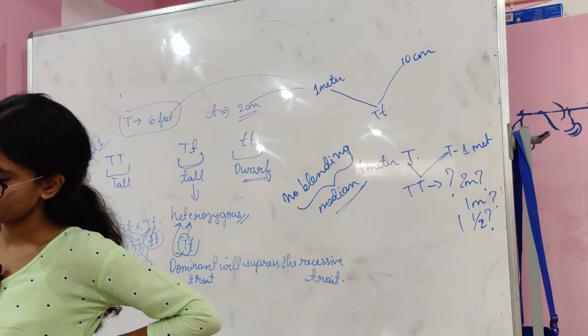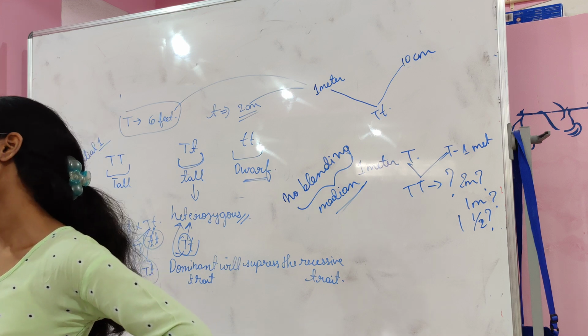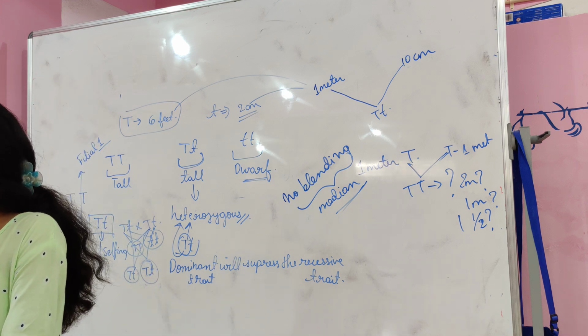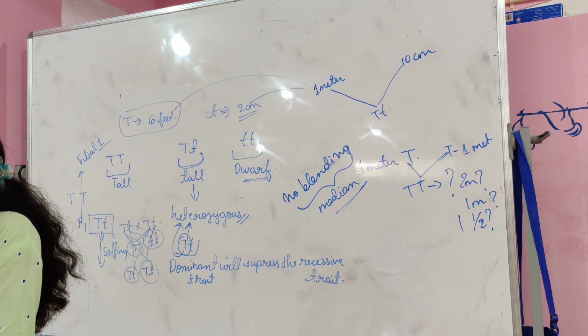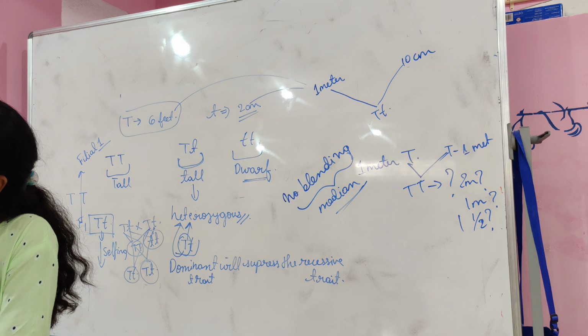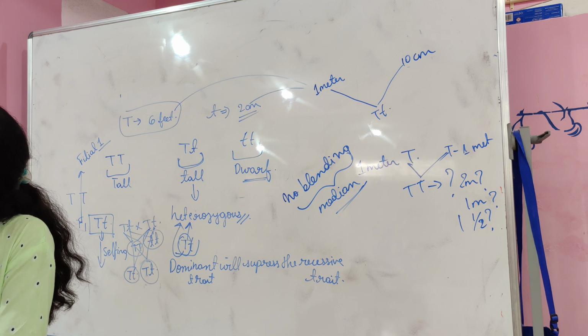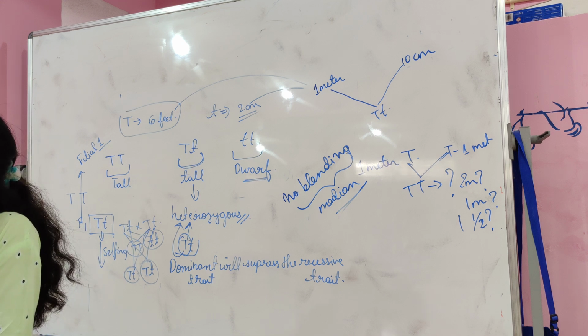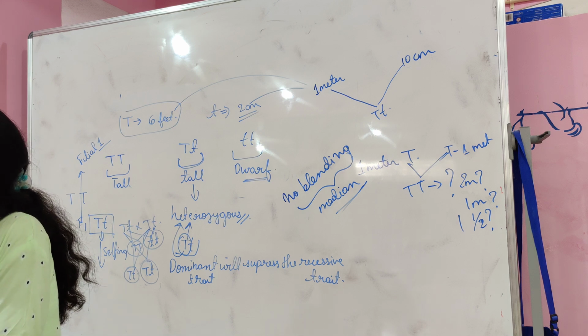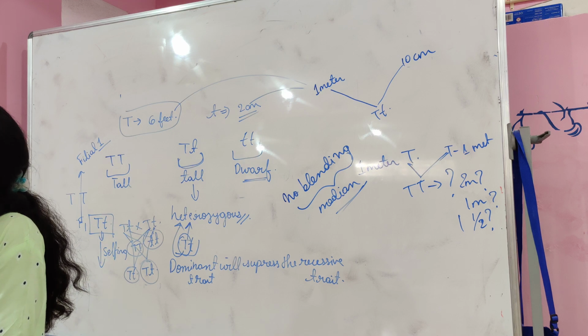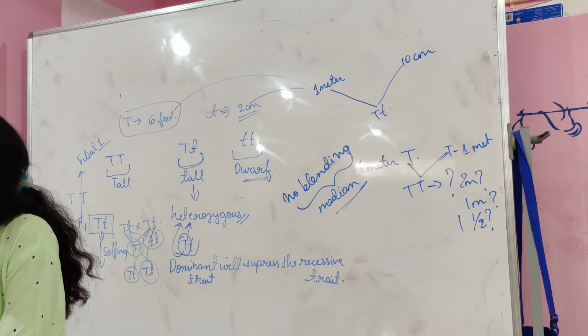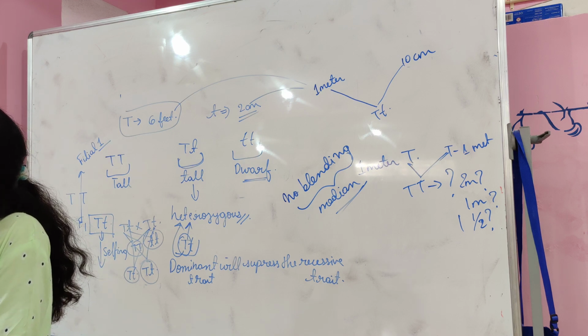Next question. In case of capital T, small t, will it be medium height? Which plant is it? The resulting plant. No. Right? Because capital T is dominant, so it will be pure.